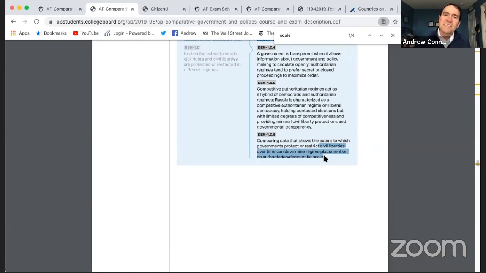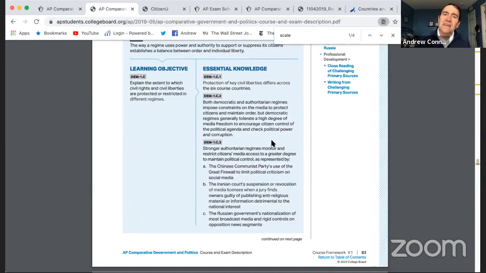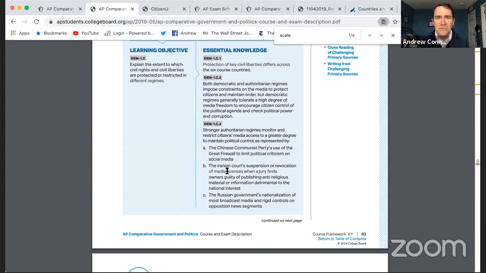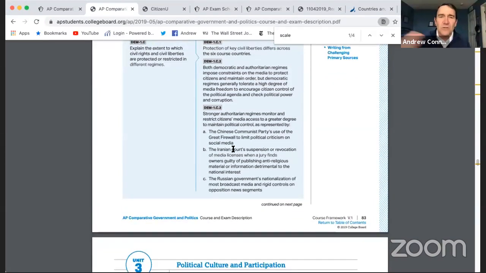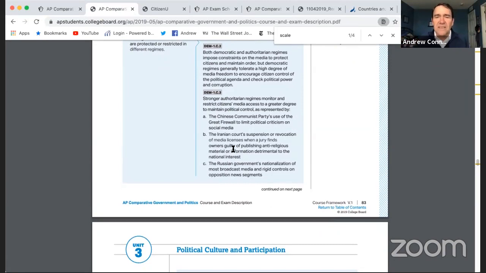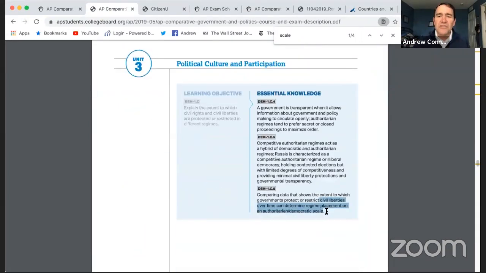So go through those essential knowledge statements and you can see country-specific examples that you can absolutely use in different essay writing you're doing, for both the argument essay and the quantitative analysis. You're not going to cut and paste this. You want to use your own words, but this is what you should know. So use this course description, understand it, and use it as a review guide. But I wanted to show you this language.